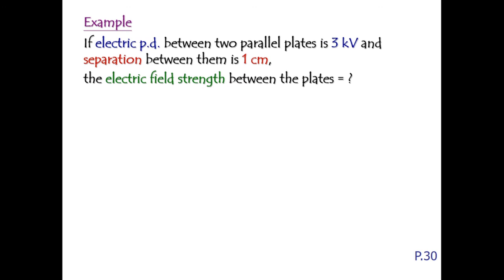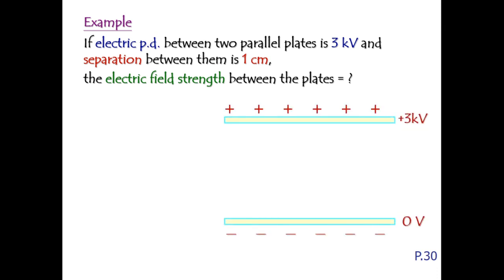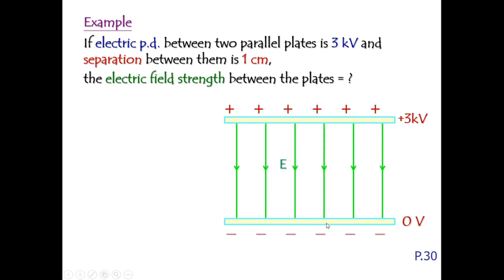Maybe we can use this formula to find out the electric field between two plates. Suppose two parallel plates have a potential difference between them of 3 kV. Firstly, can you tell me the direction of the electric field between the two plates? Yeah, the electric field should be pointing from the positive charge to the negative charge, which is pointing downwards.